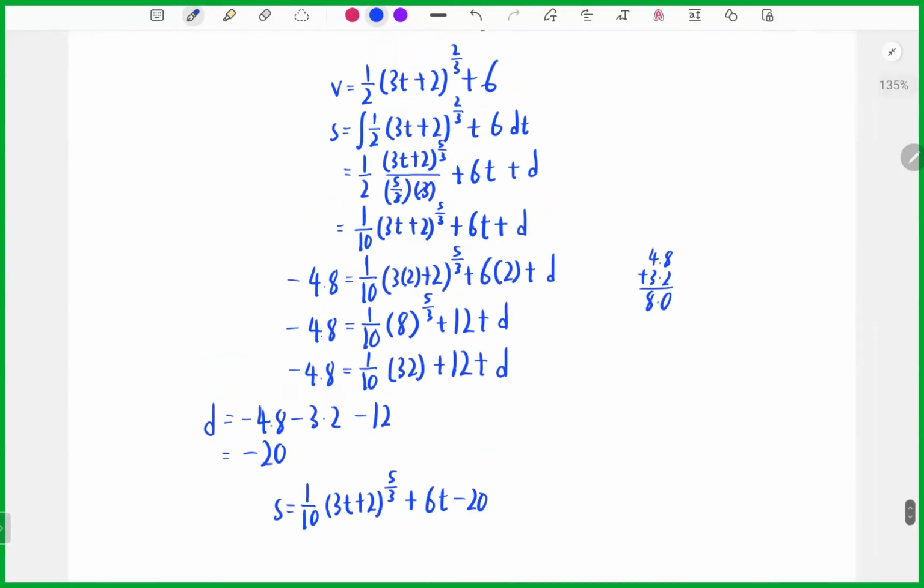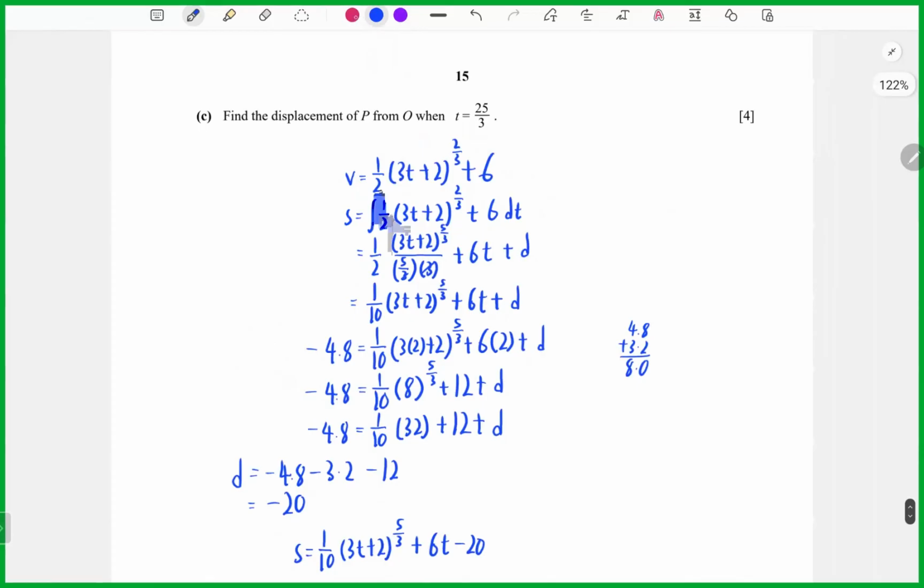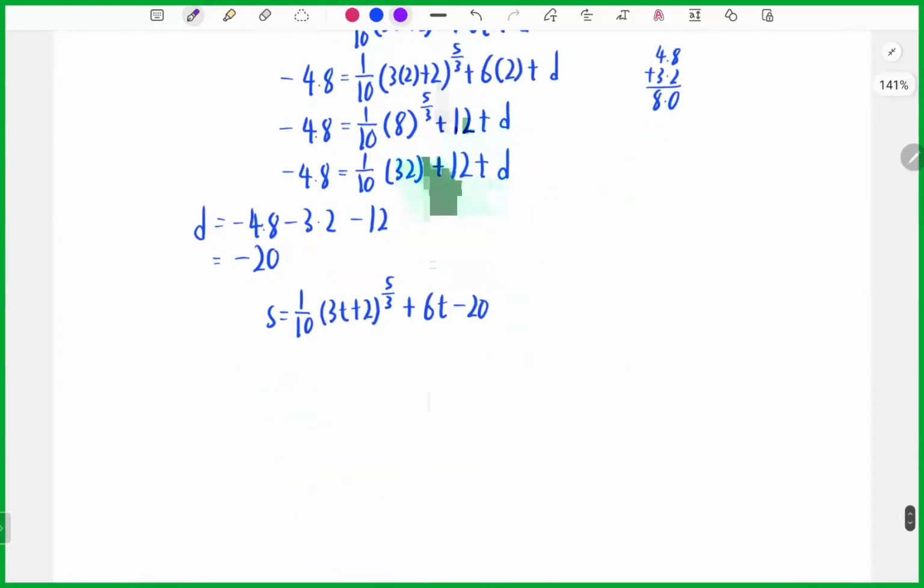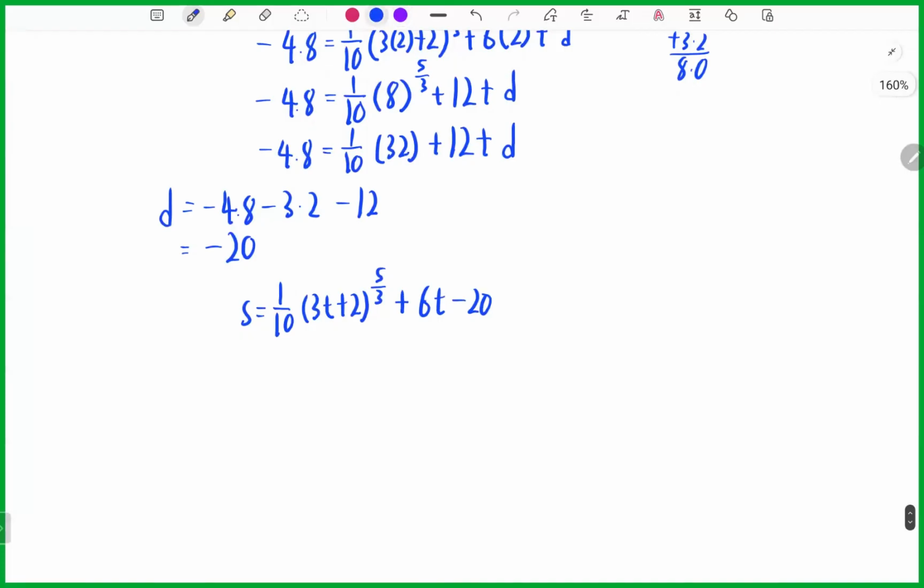Okay, we are almost done, but we need to find the displacement when t equals 25/3. So you need to substitute the value here. s equals 1/10 (3(25/3) + 2)^(5/3) plus 6(25/3) minus 20.